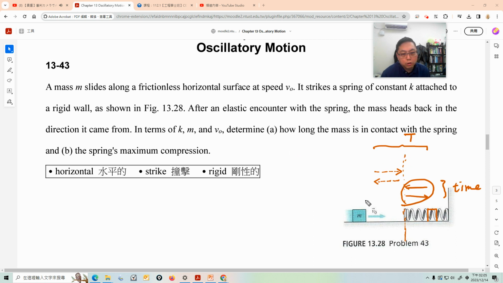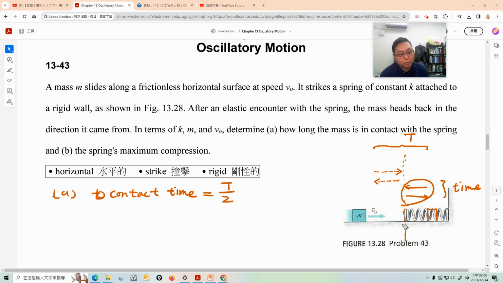In this section we can treat it as the half period of a simple harmonic oscillation. So the contact time is just equal to half of the period.